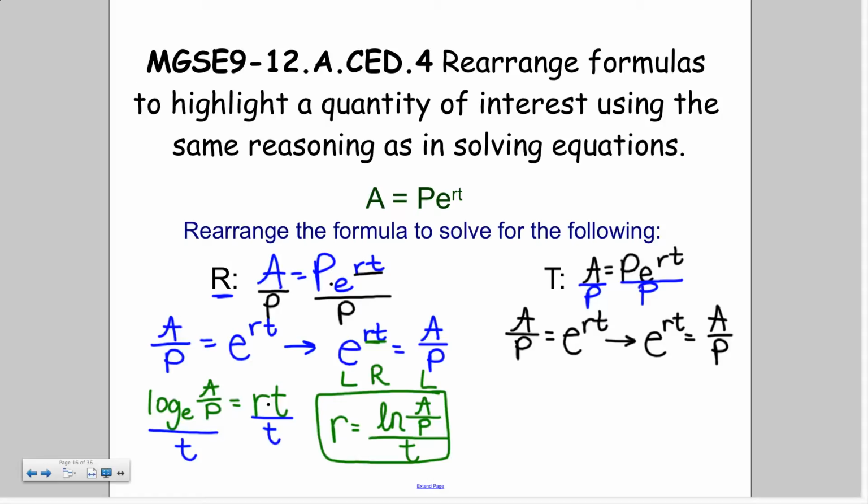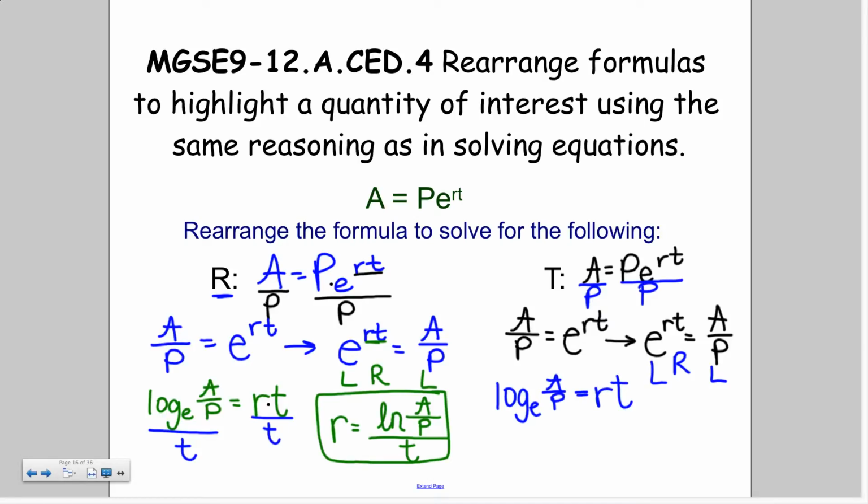All right, left, right, left. So we have the log base E of A divided by P, or ln, remember it's the same thing, is equal to RT.